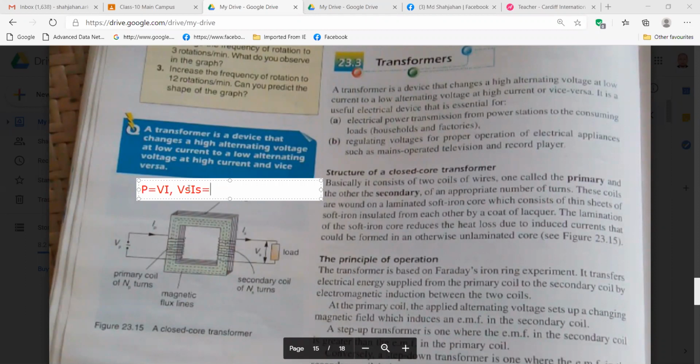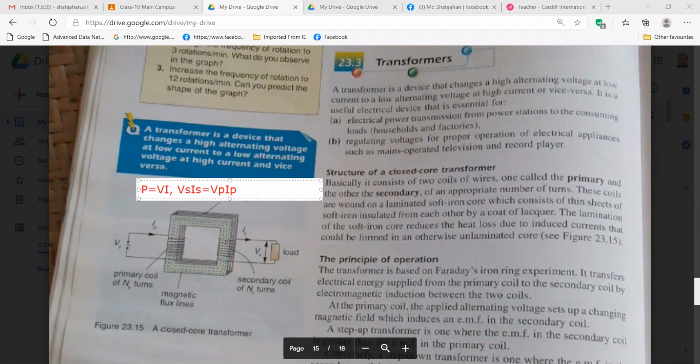I cannot write it smaller here. It is a suffix. Please do it in your writing. Vs Is equals Vp Ip.